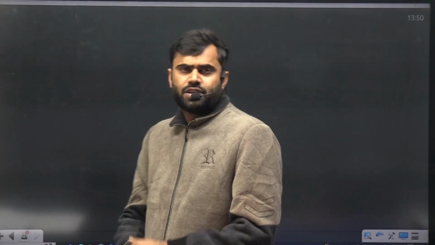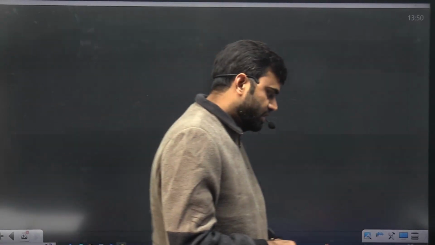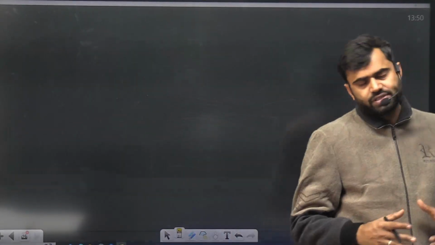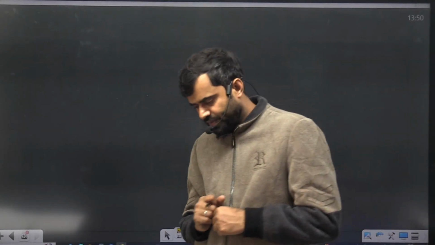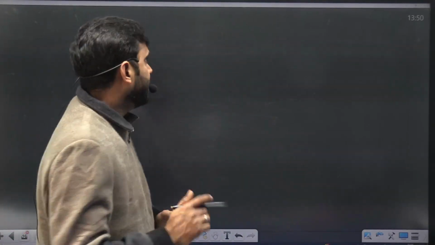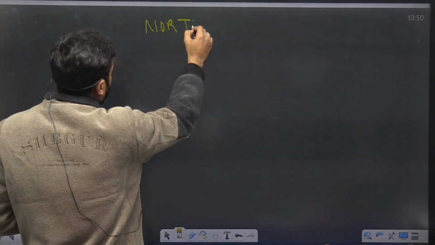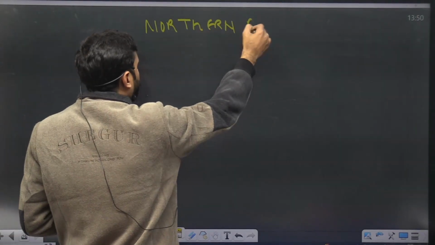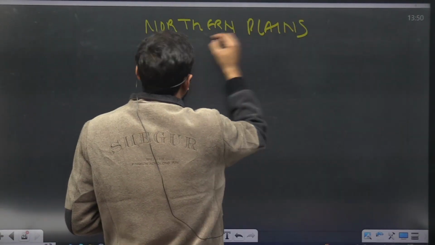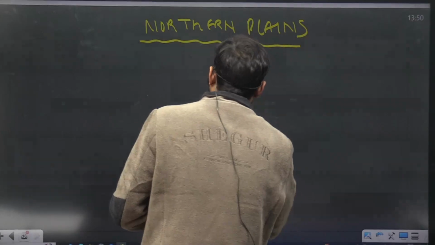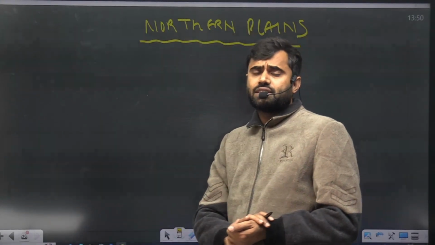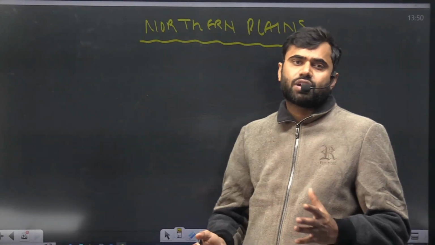Abid. Today, in this class, we are going to discuss the most important and interesting topic of Indian geography. Yes, in this class, we will discuss Northern Plains. As we know, Northern Plains is a part of the Indian physiographic region.